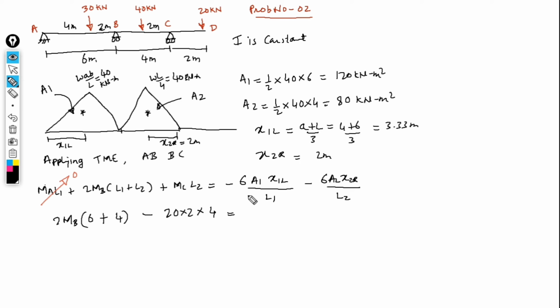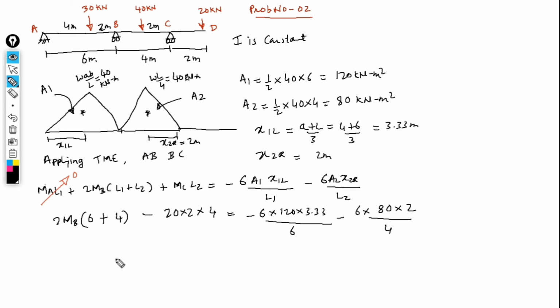You just have to substitute here. After substituting the values of A1, A2, X1L, X2R, you will get the value of MB: minus 6 into 120 into 3.33 divided by L1 is 6, minus 6 into 80 into 2 divided by L2 is 4.